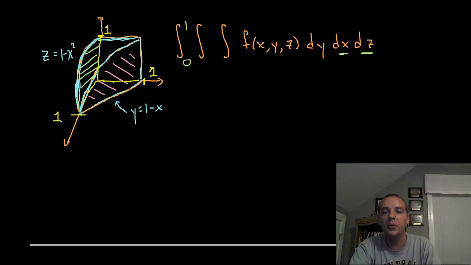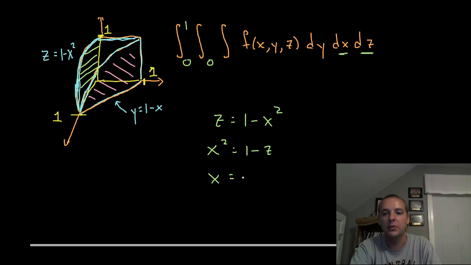Now, there would be a problem with saying from 0 to 1 minus x squared. That would be that problem I talked about, having the same variable in the limit as the variable of integration. But it's no matter, I can fix that. If z equals 1 minus x squared, then x squared equals 1 minus z.